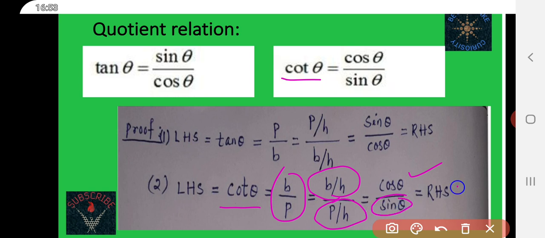So that is RHS. You see the RHS is equal to this. So the second one also proved. You should remember these relations, the quotient relation, and the other one, the reciprocal relation. Okay, next.